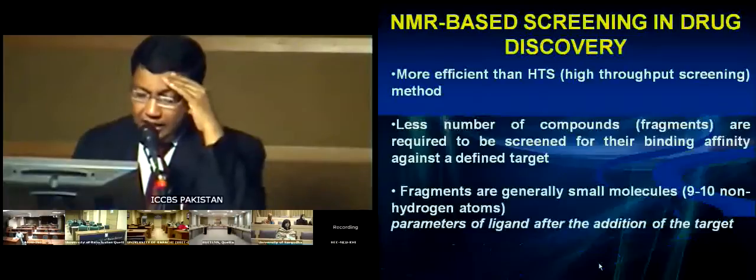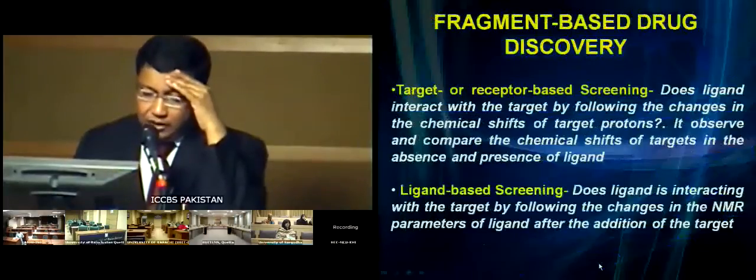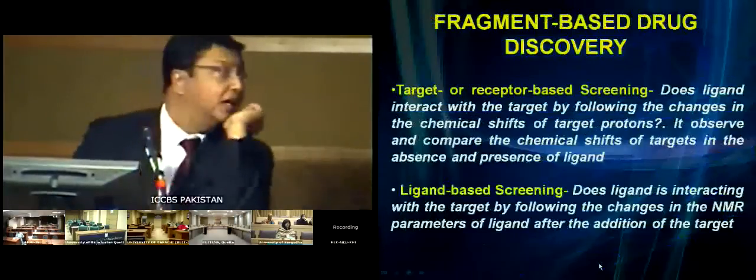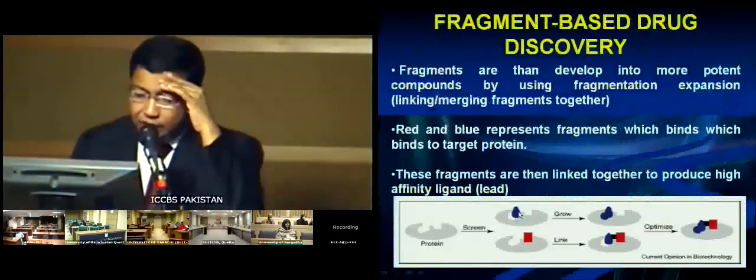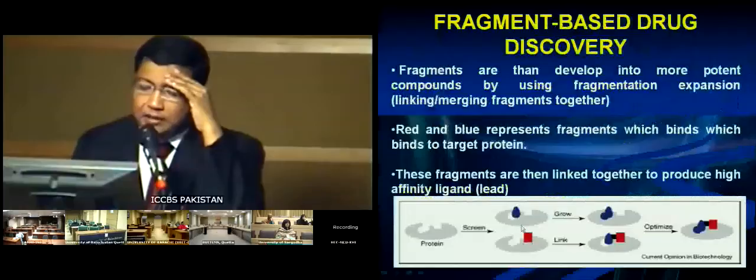Okay, I invite you to think about it. This is your protein. Can you see it? This is your protein, and you have two different fragments. This blue one and this red rectangle. This is an ovoid, and this is a rectangle.